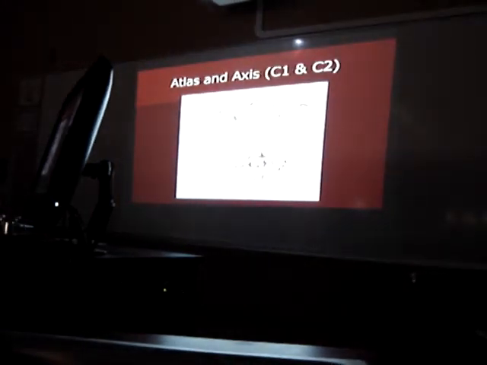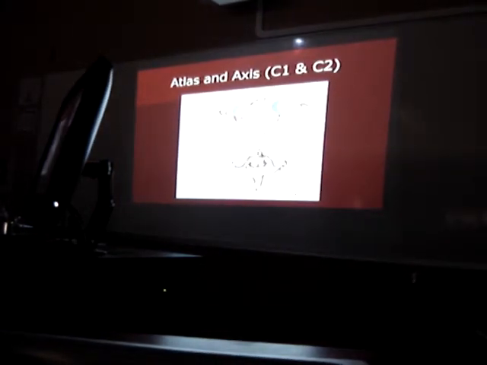So C1 and C2 are actually given names, and they're quite atypical. Because they're cervical vertebrae, they do have the little holes in the side. But C1 is very flat, possesses no spinous process at all.